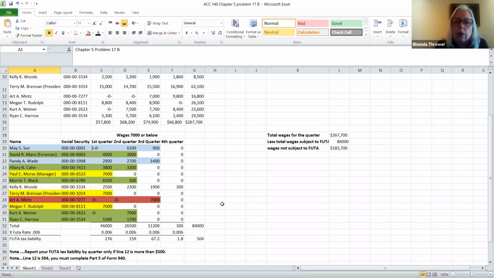So the total wages for the quarter, that was the given amount that they gave to us. We're going to subtract from that the total wages that were subject to FUTA, which was $84,000. And the difference is the number of wages that are not subject to FUTA. This is what we're going to pick up and put on our 940 form.